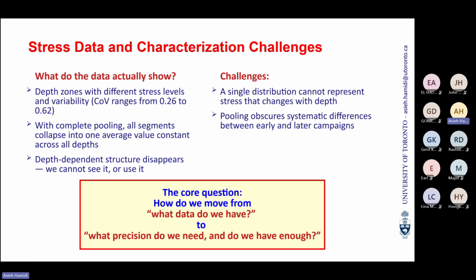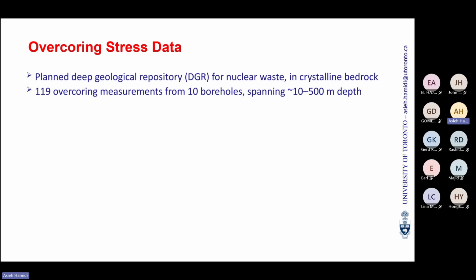It is variability across the depth range, and as a result it causes uncertainty in our estimates. The challenge is that we have different variation at different depths. Here we would like to answer a core question: how do we move from what data we have to what precision we need, and do we have enough of the precision we need for the design, for the stress estimate as a design parameter?